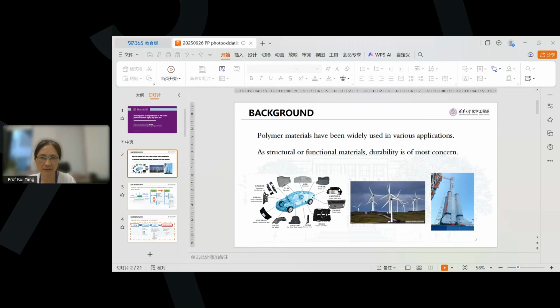Prof. Rong Yong, I think your slides are not moving. Can you check, maybe it's stuck or something? Are you in the PowerPoint screen? Because the participants cannot see your slides moving. It is still on the first slide. So when you share your screen, please choose the option of entire screen.